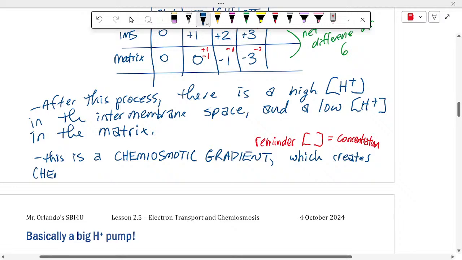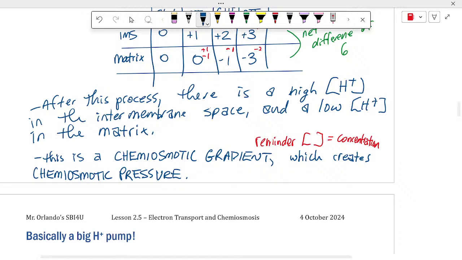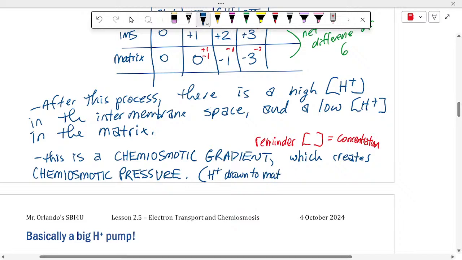That's just a fancy way of saying the H plus is going to tend to try to move back into the matrix. Does that make sense? The H plus is going to be drawn towards the matrix. H plus drawn to matrix, but can't move through the membrane.